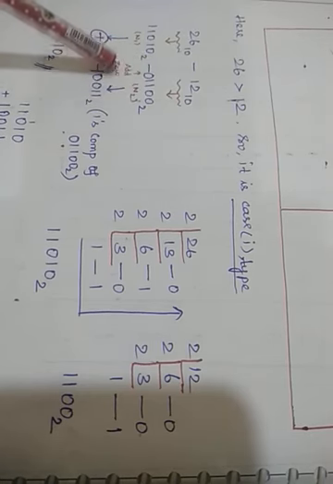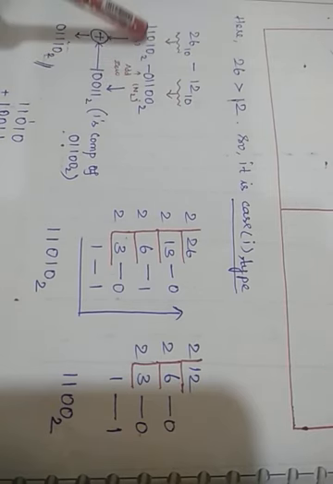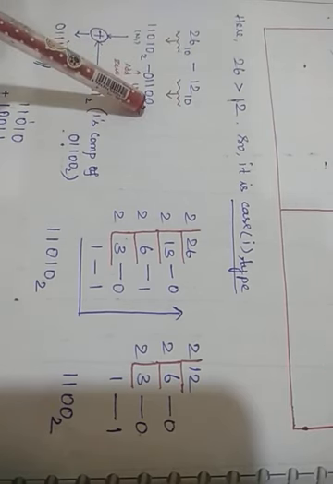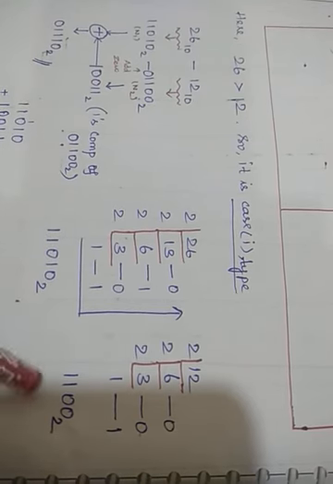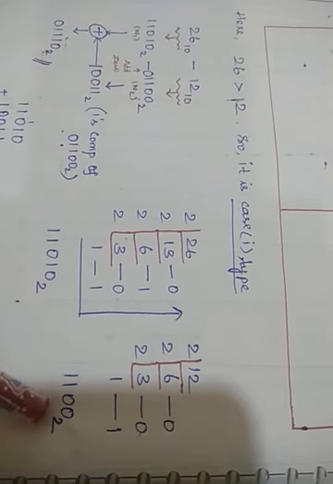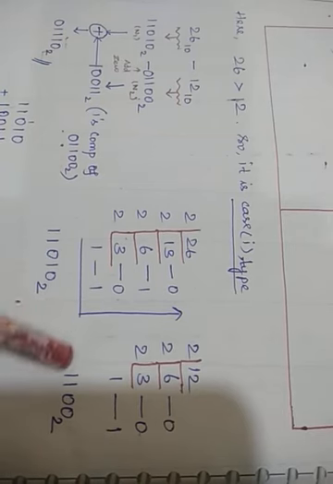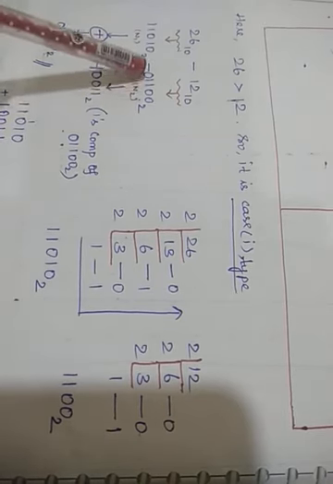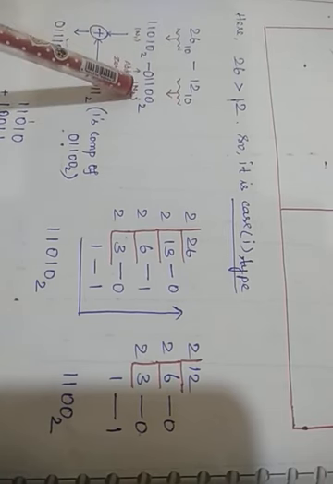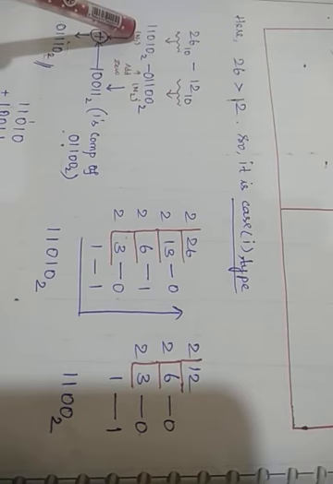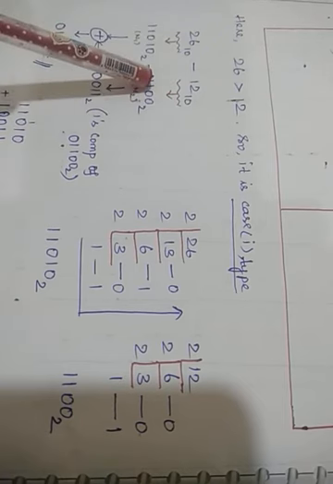I add the 0 because both numbers should be of equal length. Here it has 5 digits, but this has only 4 digits. Both should be of equal length, so you need to add 0 on the left hand side, not the right hand side.